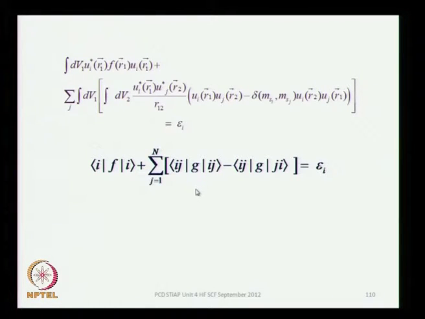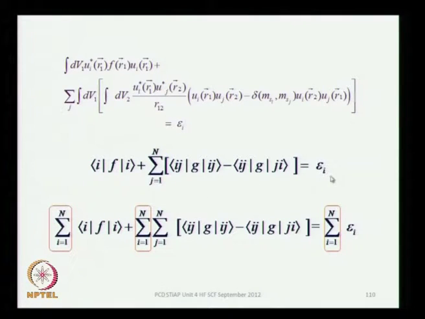Now the next thing I am going to do is to sum over the index i. There is such an equation which holds for every i going from 1 through n. So, I sum over all the terms from 1 through n, and i going from 1 through n is summed over on the right hand side as well.